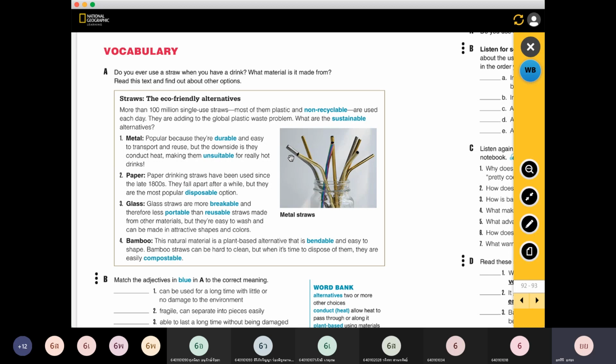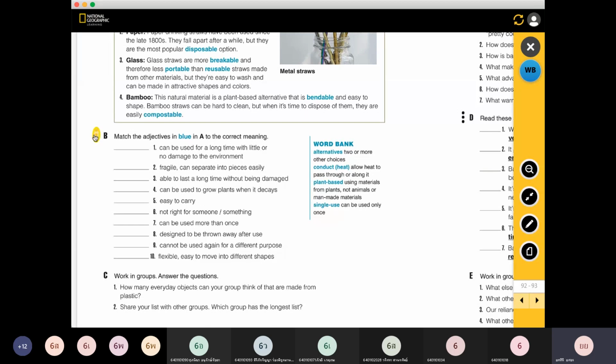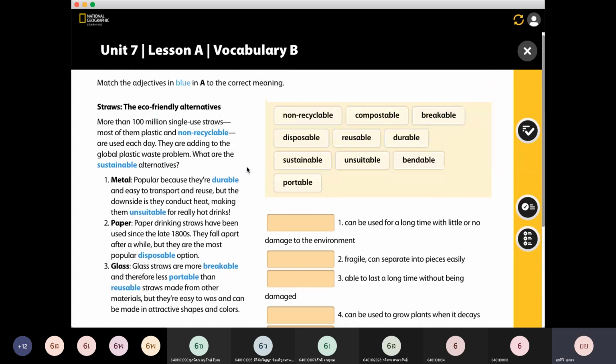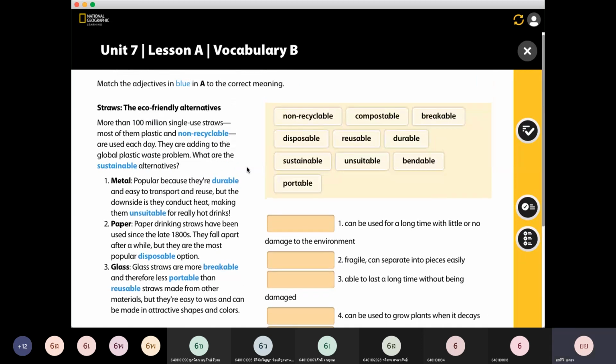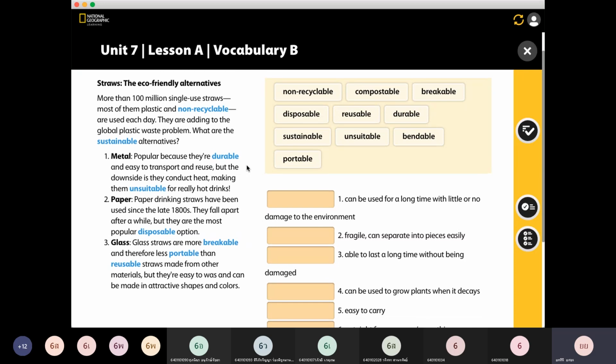Okay, so we can share the ideas a little bit later as well. Let's have a look at this, because as you can see from the reading, I talk about different properties of eco-friendly products here. There are different adjectives that we can use to describe the properties of different materials.